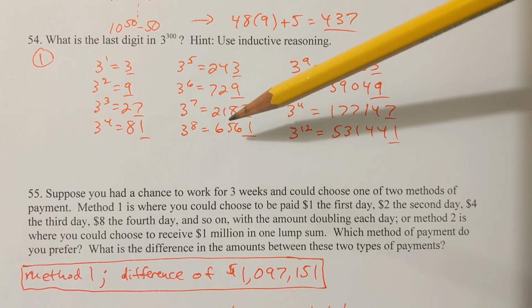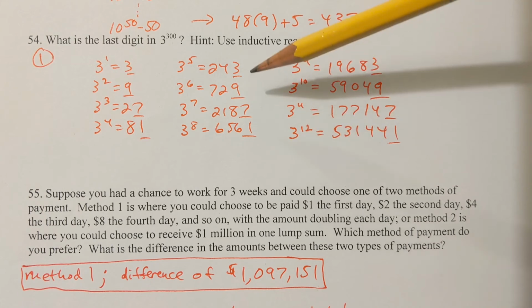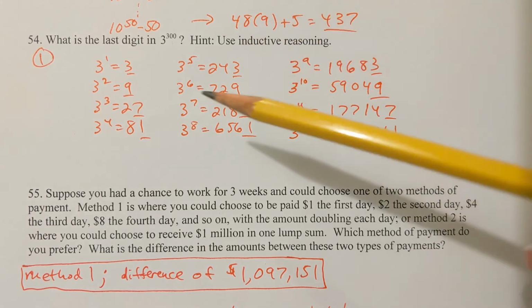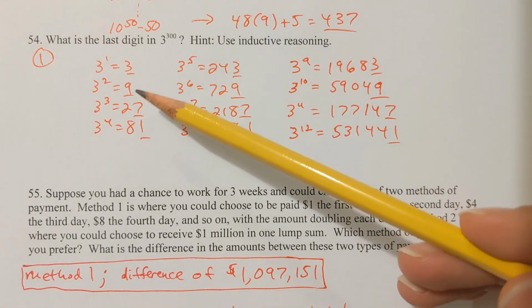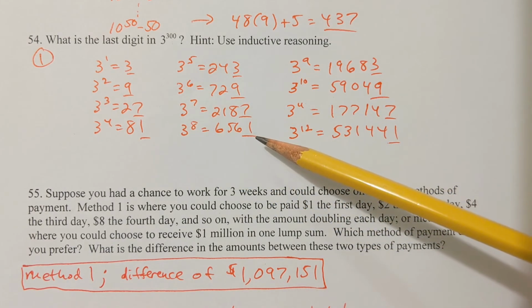And 3 to the 8th gives me 6,561. Okay, and now all I care about is the last digit. So 3971, here's 3971.